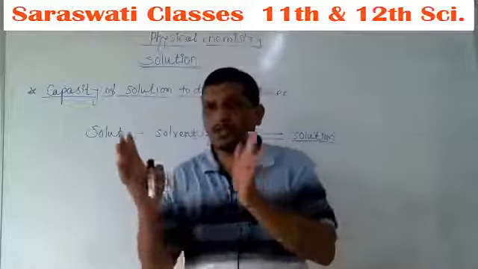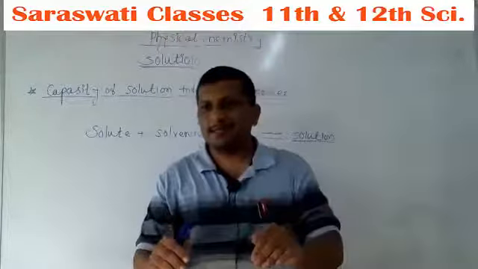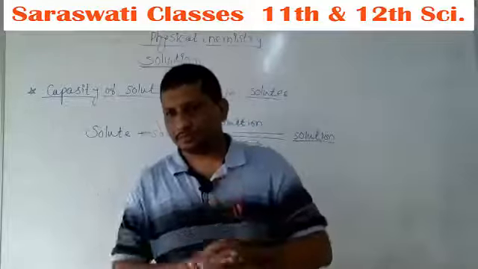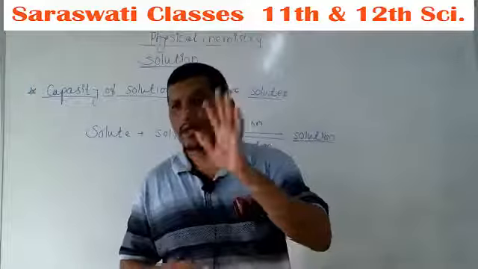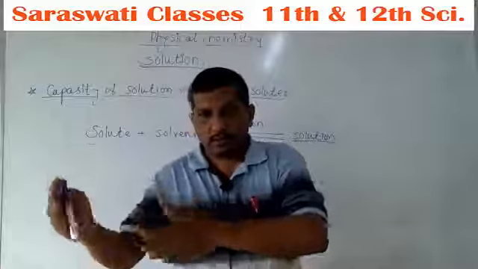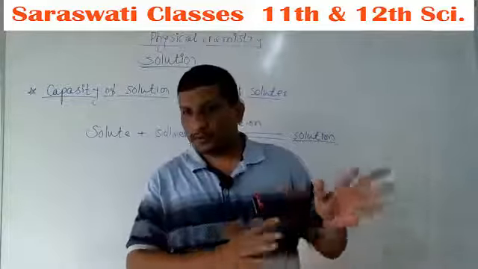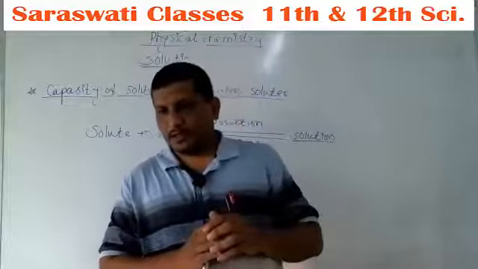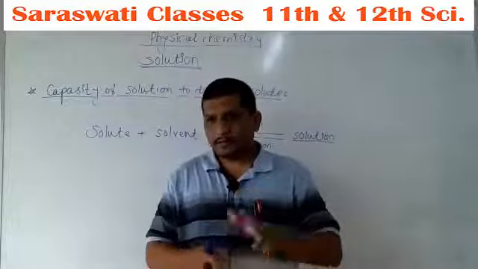The dissolution stops, and this solution is called a saturated solution. If we add solute again and again, the reaction reverses and forms crystalline solute. These points are included in this topic.